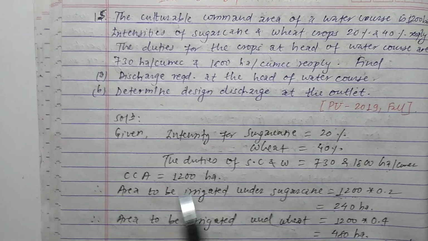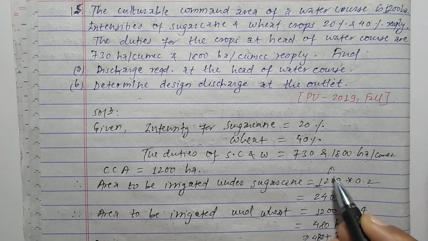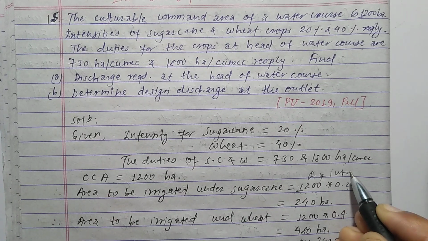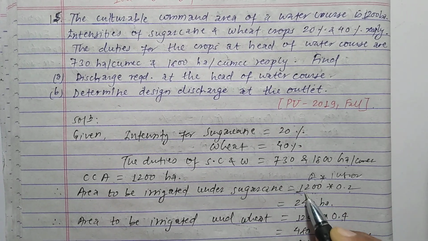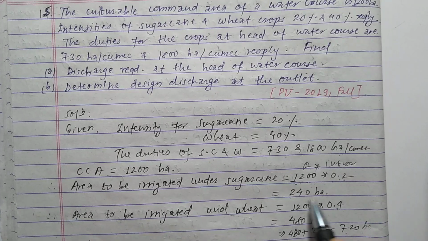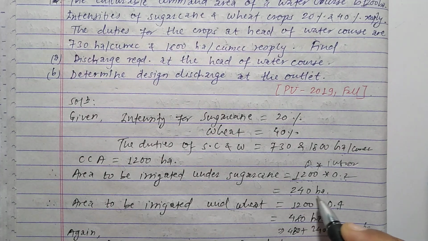So we can calculate the area to be irrigated under sugar cane, equal to total area into intensity. The total area is 1200, into intensity 20%, so 0.2, its area becomes 240 hectare.